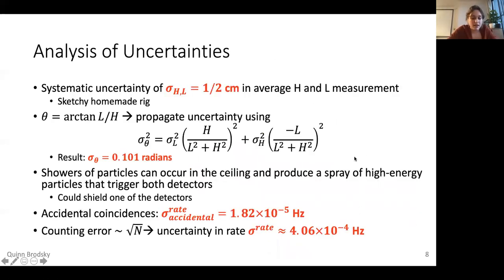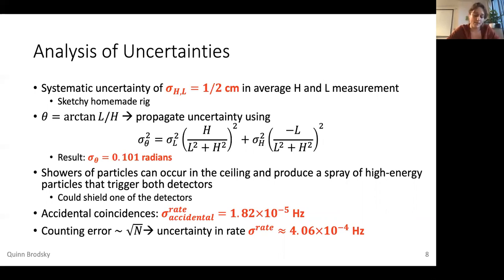The uncertainties in this experiment come largely from the measurement of the angles. It's really hard to measure the angles when you have a very amateur setup, as I did, because I don't have equipment. So I guess that I measured within 1 centimeter of the actual height or length of my setup. Since I measured 4 times, the uncertainty is 1 over the square root of 4, how many times I did the measurement, which is half of the actual uncertainty that I thought I had.